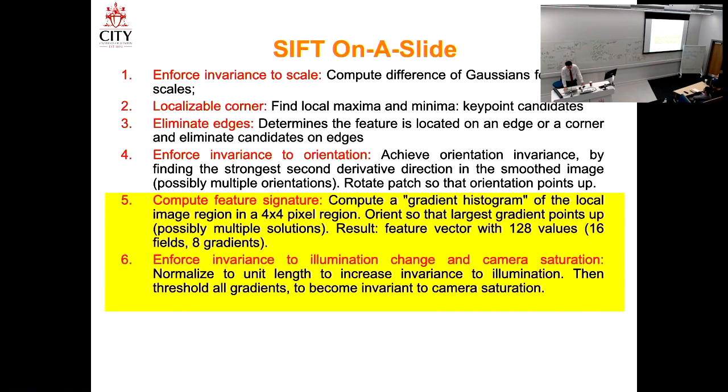And the rest is just very simple methods. What you do is you compute a gradient histogram of the local image in a 4x4 pixel region. Orient it so that the largest gradient points up. Possibly multiple solutions. Feature vector with 4x4 by 8 gradients: if it is converted into 8 different gradients, you will end up with a 128 dimension vector.